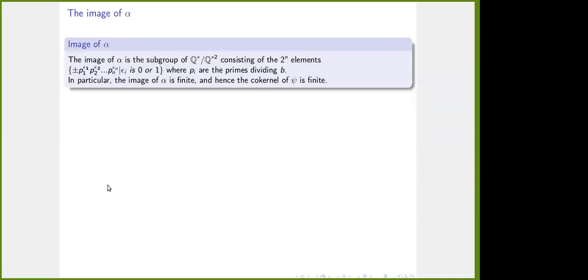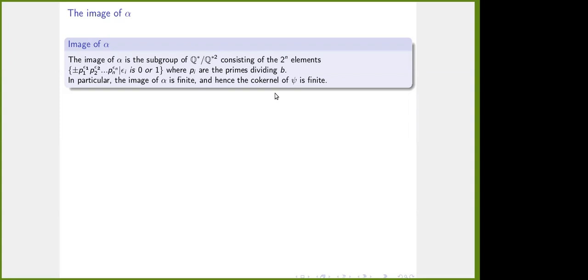So how do we do that? This is the theorem that is the number theoretical heart of this proof: the image of alpha will consist of these 2 to the power n elements, where p_i are the primes dividing b. B was the coefficient of the elliptic curve, x cube plus ax square plus bx, so all these primes dividing b will give you only finitely many points here.